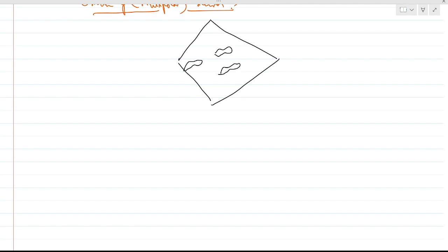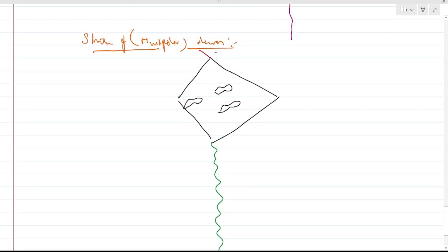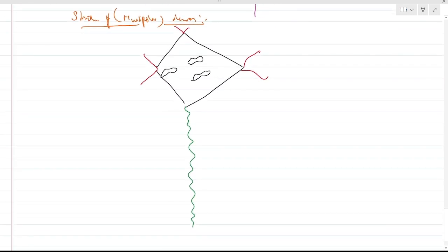Now the cell body will obviously have an axon. Along with this axon it will have some dendrites. We will draw some dendrites for receiving information, and the axon is for transmitting information.